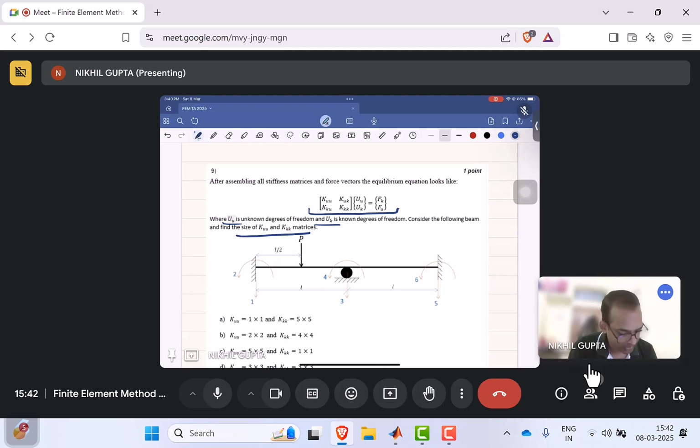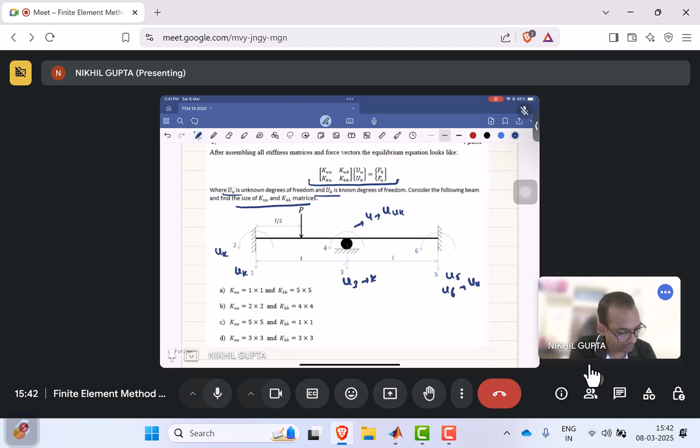For node number 1, which is degrees of freedom 1 and 2, you know this is U known, as you know that they can't move. Similarly, U3 is known, but U4 you don't know, unknown. U5, U6 are also known because the boundary conditions are applied there. So only one unknown is there.